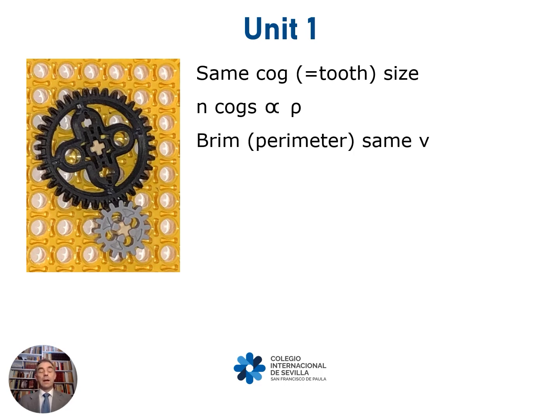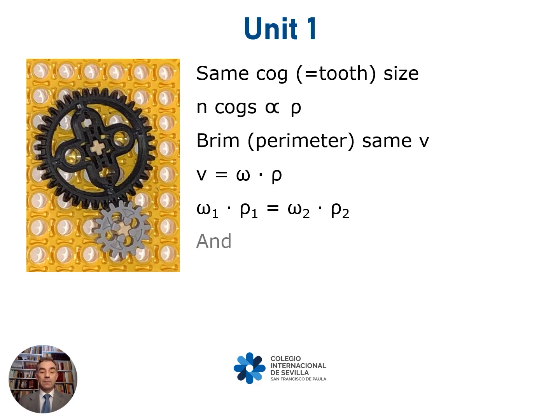Then, at the same time, the brims, the perimeters, need to have each of the points the same speed, so that the cogs are inserted in each other in an alternation. Therefore, as we know that the speed equals the angular speed times the radius, we can say that for the first cogwheel, angular speed 1 times radius 1, which is the speed of a point on the brim, equals for the second cogwheel angular speed 2 times radius 2.